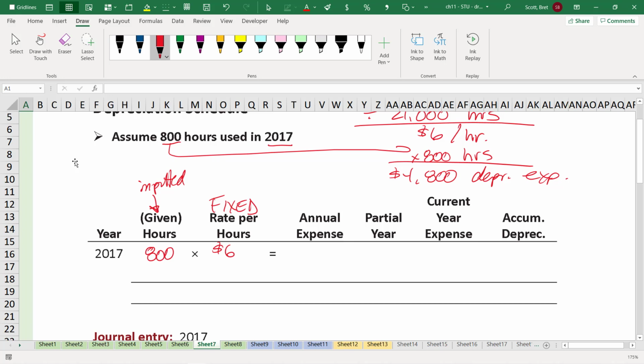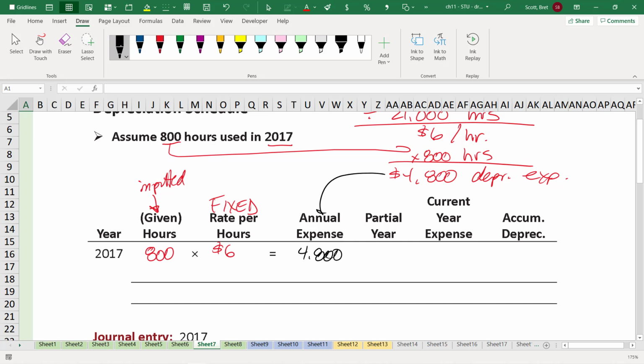The $6 per hour might change down the road. Say we're about 2 years prior to the end of its useful life, we may revise the total number of hours that the machine can actually run. But generally speaking, once we come up with a rate per hour, we don't change it. The annual expense in this case is $4,800. Put this in black. $4,800 from up above.